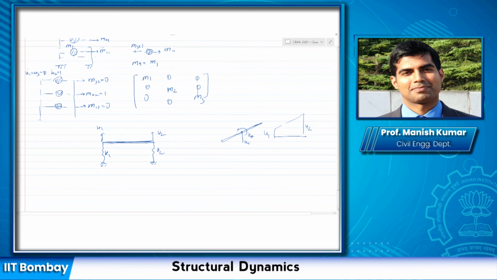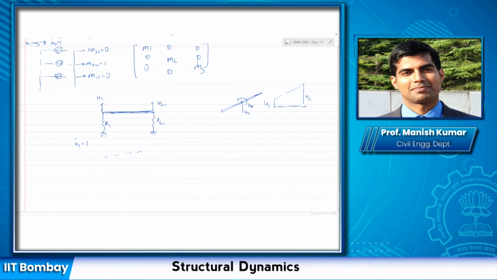Okay. Now in this case, what happens when you substitute U equal to unit, the force at, okay, in this case, I'm saying that unit acceleration is at this node. Okay, it is U1 equal to 1 and U2 equal to 0 here.